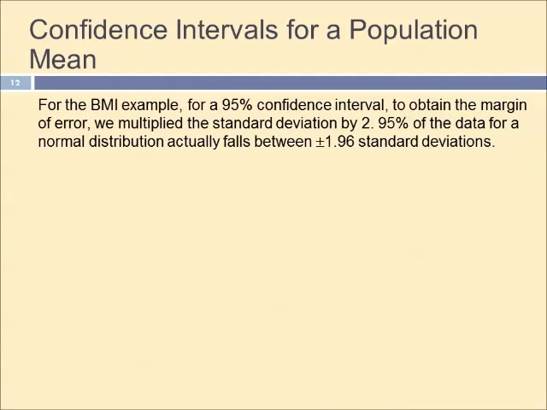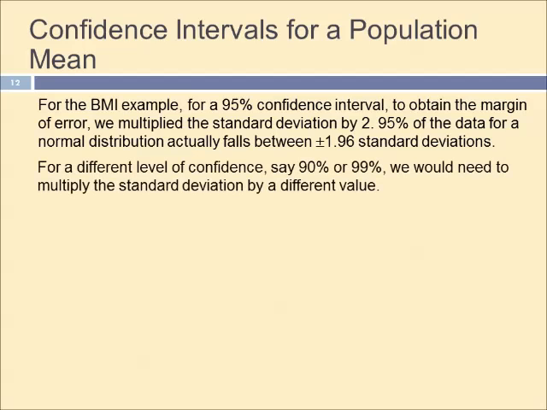For example, for a 95% confidence interval, to obtain the margin of error, we multiplied the standard deviation by 2. 95% of the data for a normal distribution actually falls within plus or minus 1.96 standard deviations. We use 2 as an estimate. For different levels of confidence, say 90 or 99%, we would need to multiply the standard deviation by a different value.